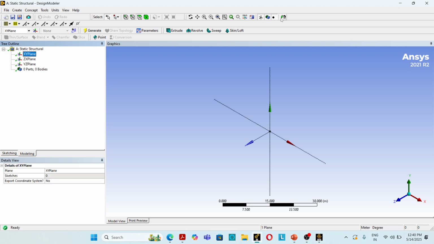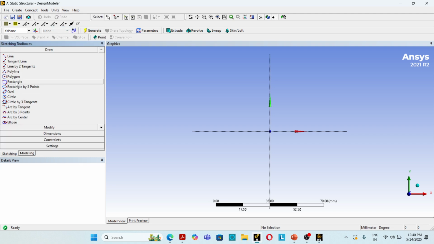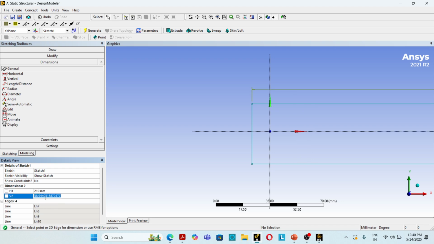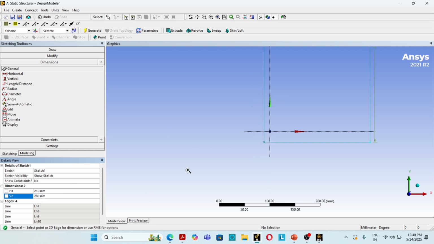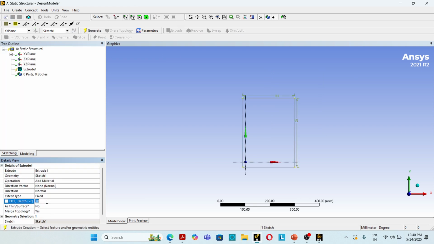Click on XY plane, then change the unit to millimeter, sketching, select rectangle. H is equal to 210 mm. V is equal to 280 mm. Extrude 2200 mm.